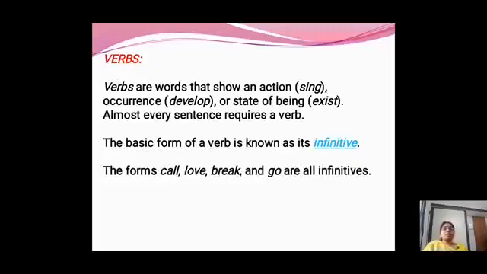Are, is, etc. The basic form of a verb is known as its infinitive. All these we will learn in this session. The forms call, love, break and go are all infinitives. The basic form of the verb is called an infinitive. That alone you keep in your mind.